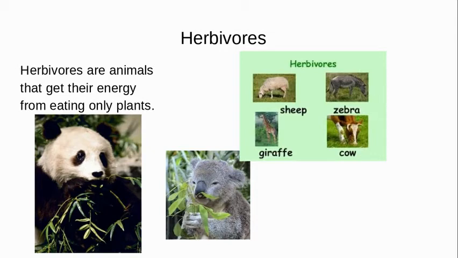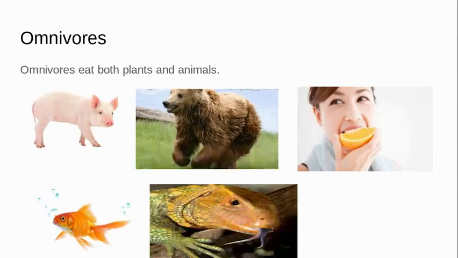Okay, so when we were talking about pandas and koala bears and sheep and giraffe and cows and zebras, they are all herbivores. Herbivores get their energy from eating only plants. An omnivore is what humans are, even though you may know some humans who are vegetarian.